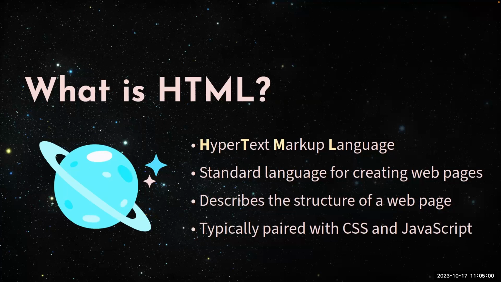As a standard language for creating web pages, I would probably guess that every web page out there has HTML as its base, and it describes the structure of a web page. This is where we're adding our text, our images, where we're making them into a hierarchy, putting them in the order that we want.